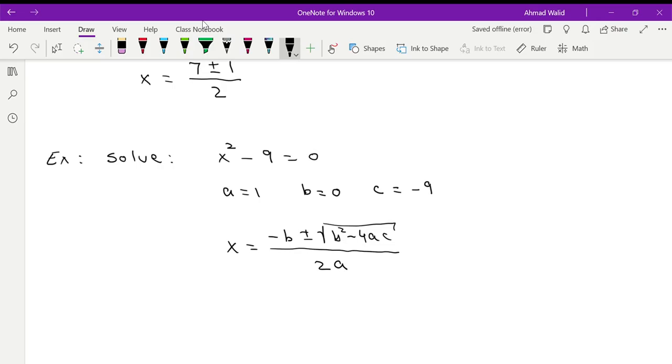Then I can write x equals negative B, it means negative 0, right? Plus minus a square root of 0 squared minus 4 times A, which is 1, times C, which is negative 9, over 2 times A, 2 times 1.